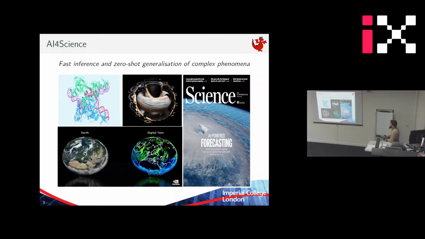So if I can have a model that can learn from my data, learn the intrinsic physics behind the phenomena I'm studying, and then apply that to data that the model has never seen. So that is the hope of zero-shot generalization, applying those cheap models to unseen data. So that's the high-level idea and the motivation behind that.